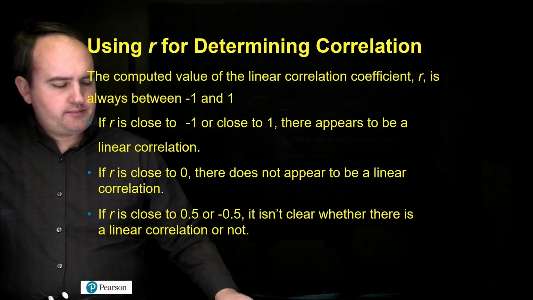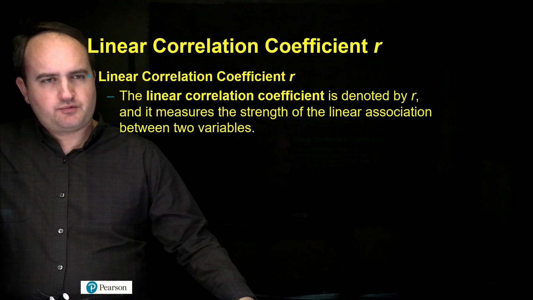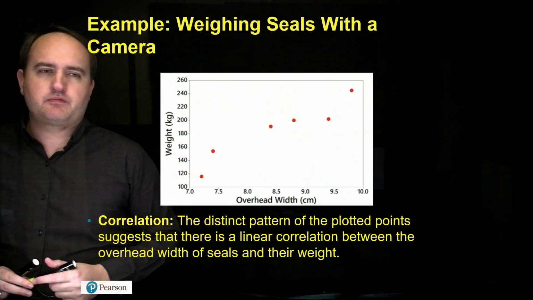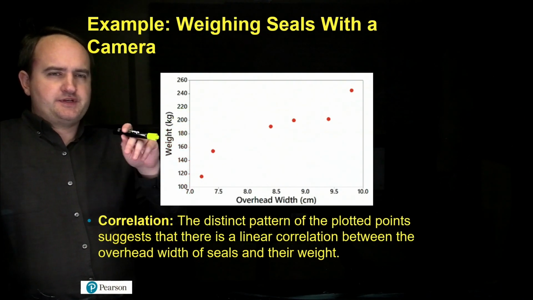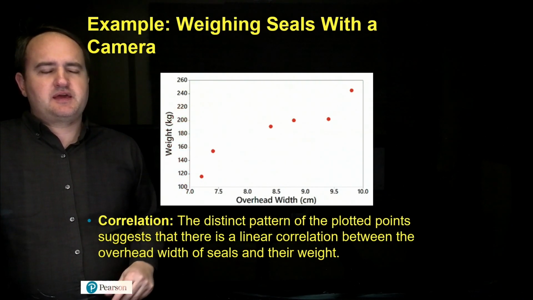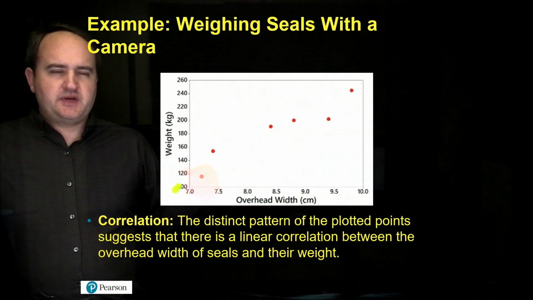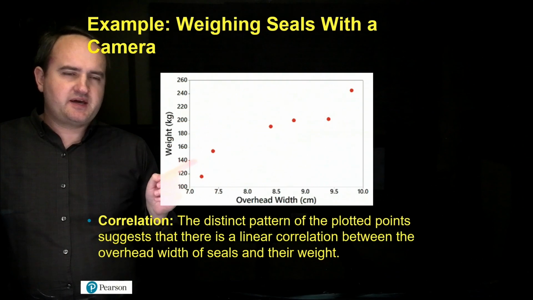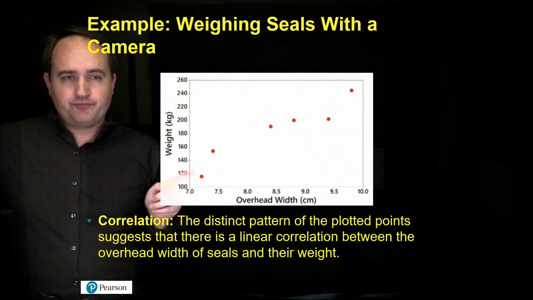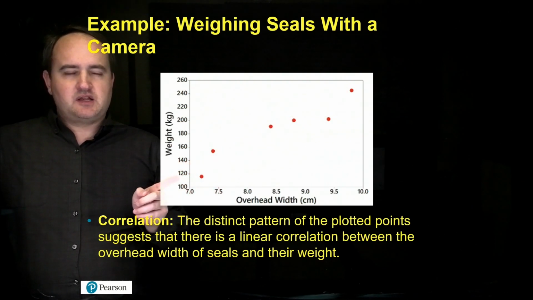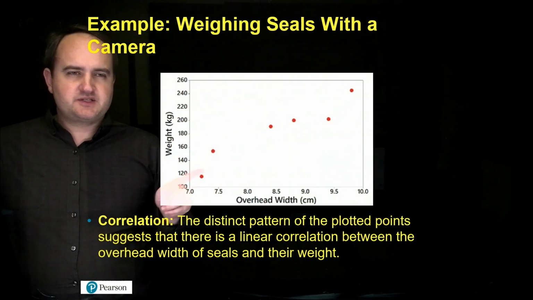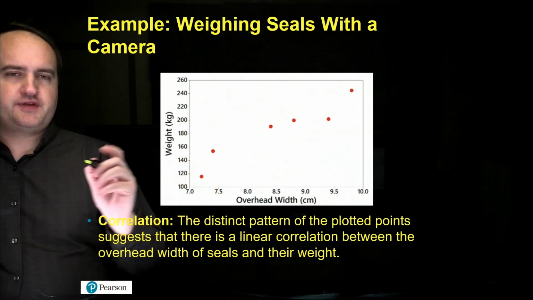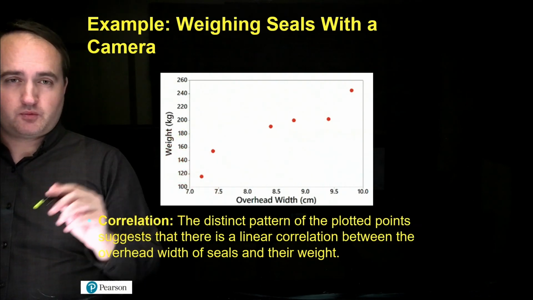All right, so if we go back to these 3 different scatter plots or scatter diagrams that we have, this first example of weighing seals with a camera, because it's such a tight linear correlation, and because the slope of the line, it's called the least squares line or the regression line, is positive, R is going to be close to 1.